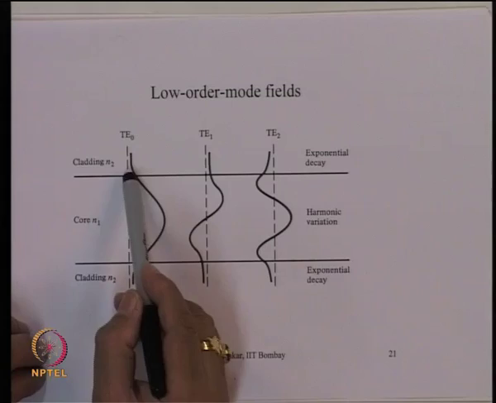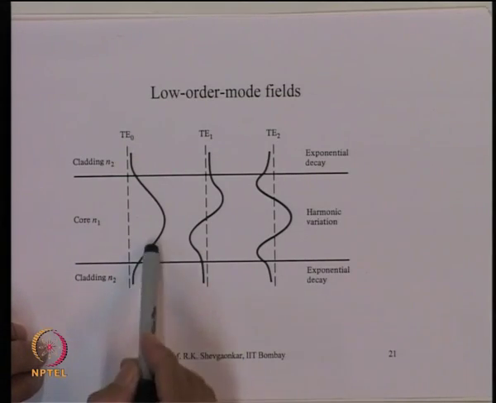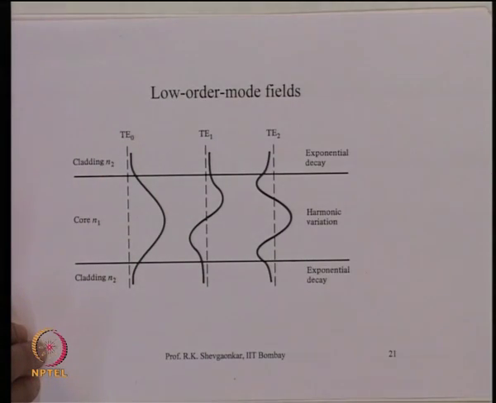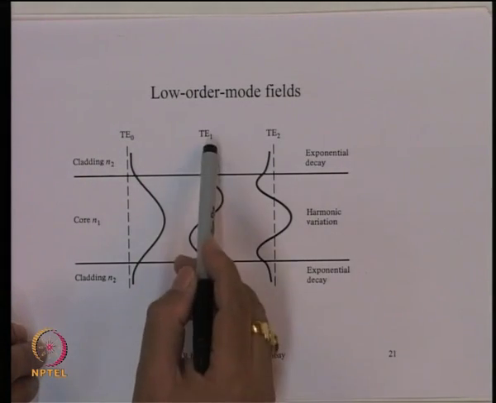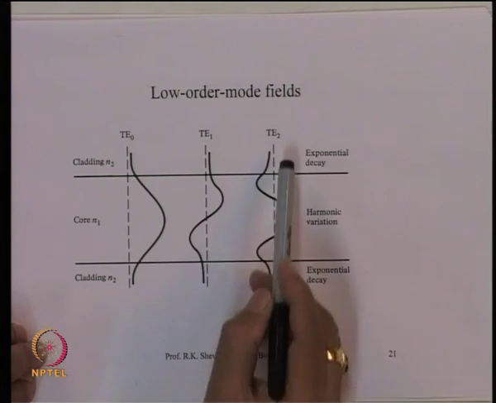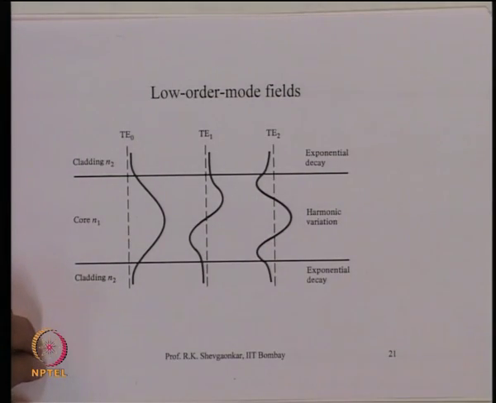So, if I have a field distribution which will look like that, no zero is crossed, so we can call this distribution as transverse electric, TE0. 1 zero is there, so we can call this distribution as T1, this we call T0, and here the 2 zeros are there, so we can call this distribution as T2.